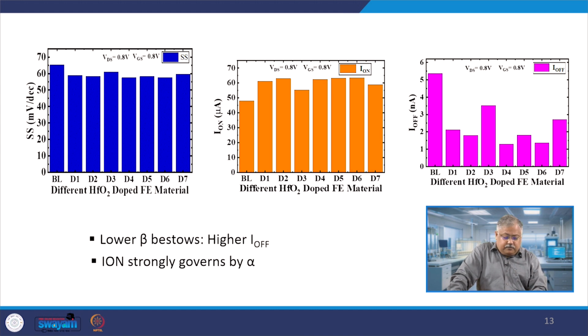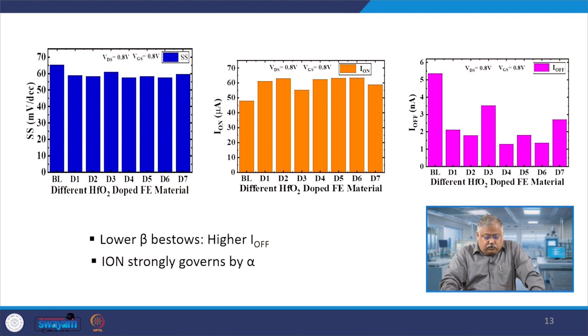If you look at the first graph here on the left hand side, it plots subthreshold swing versus various materials, doped by different materials, and you can see that in most of the cases except BL and D3, your subthreshold slopes are lower than 60 millivolt per decade.